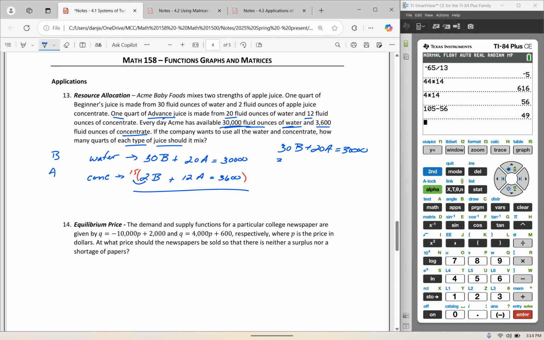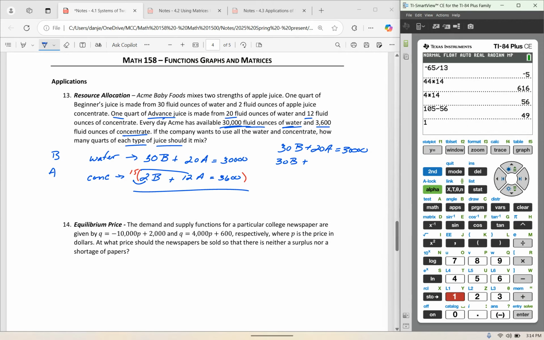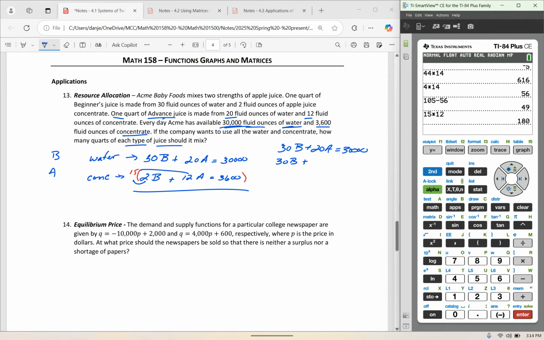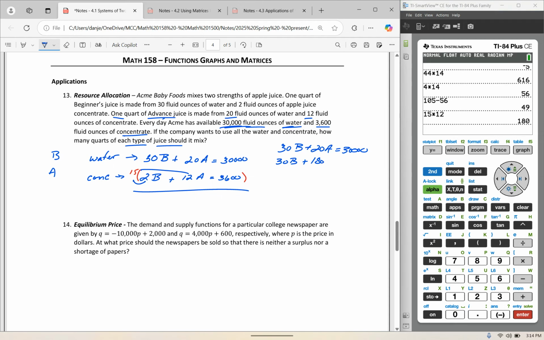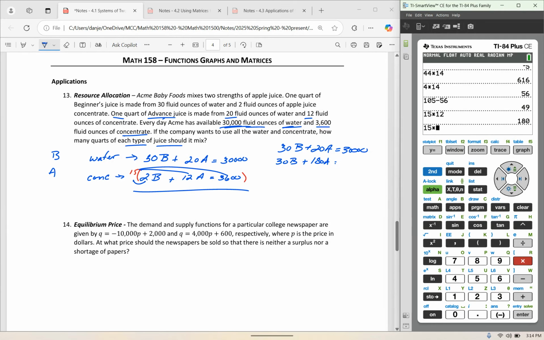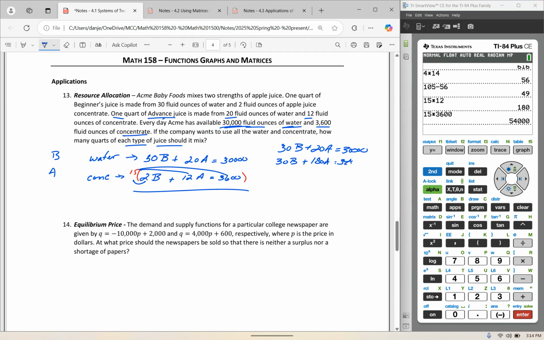Distribute the 15, so 30b plus 15 times 12a, which is 180a, and that's going to equal 15 times 3,600, which is 54,000. Now, one thing you'll notice is I just multiplied by 15, so I've got 30b and 30b. One of them has to be negative. What I'm going to choose to do now is multiply the top equation by a negative since those numbers are smaller.